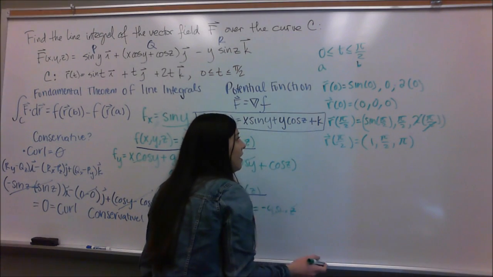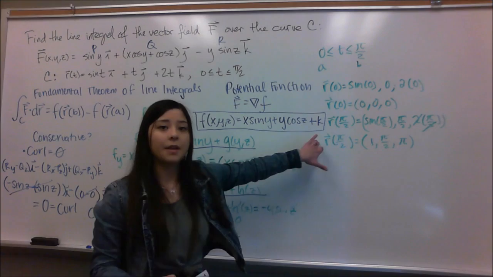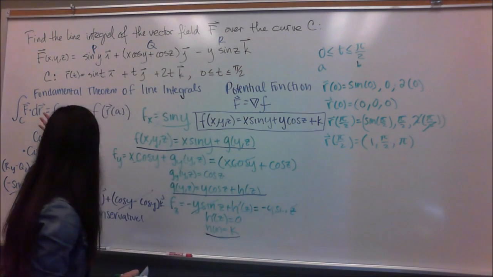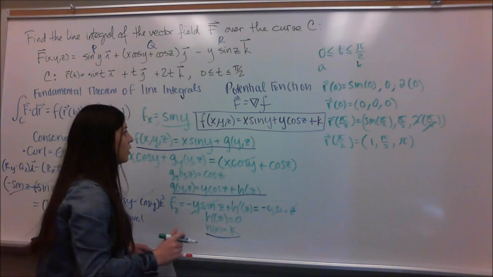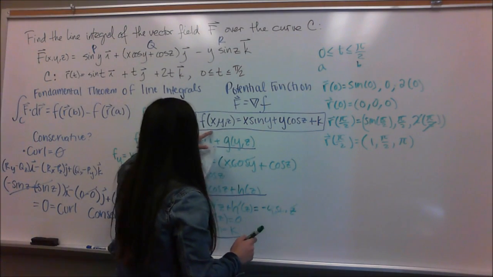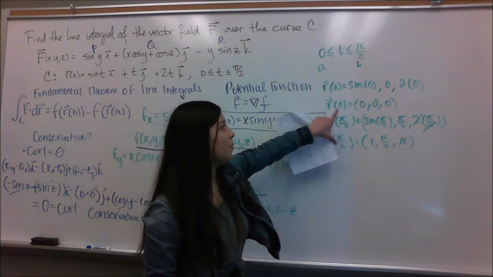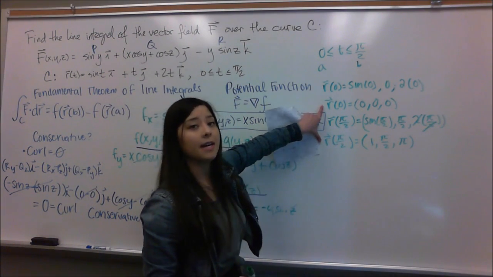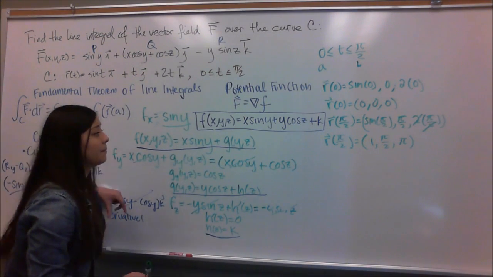So now that we have our r of a and our r of b, we can plug it into our fundamental theorem of line integrals. So that's going to be the potential function with these points that we solved for, because it's f of r of b minus f of r of a.